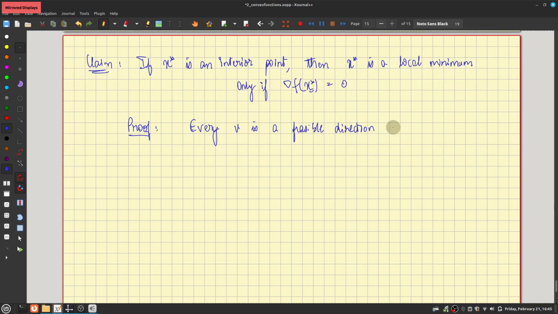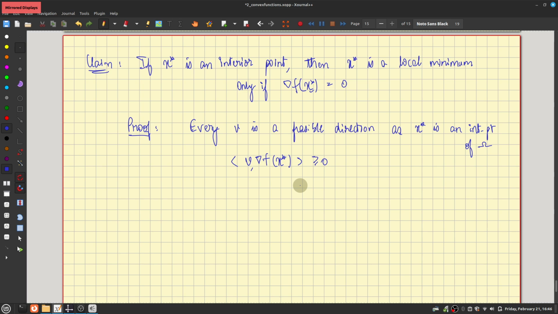Right, as x star is an interior point. This means that v is a feasible direction, correct? Which means that the inner product between v and gradient f of x star should be greater than or equal to 0, correct?